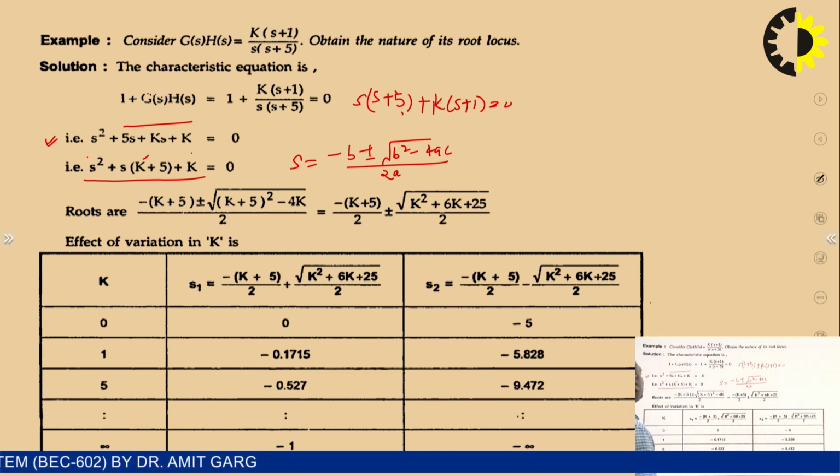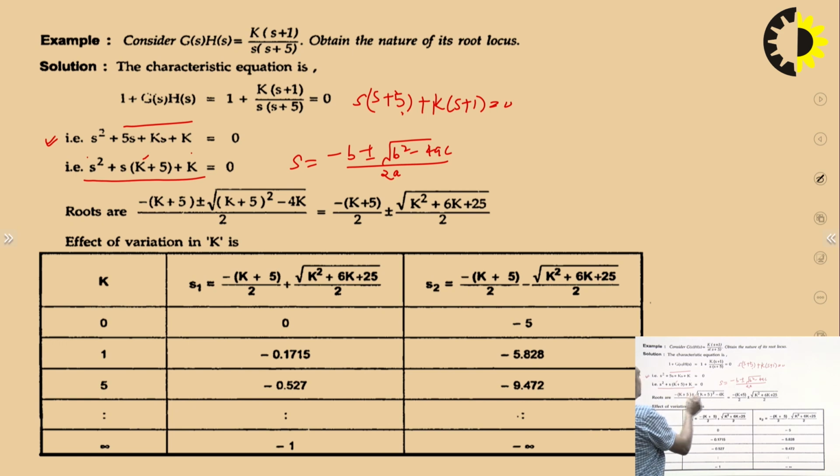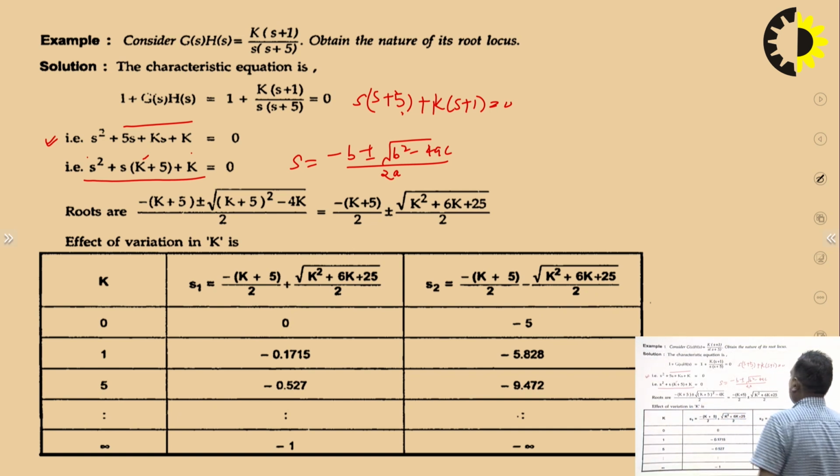So it becomes minus (k plus 5) plus minus under root (k plus 5) whole square minus 4k upon 2. When we have solved it, it is minus (k plus 5) plus minus under root (k square plus 6k plus 25) divided by 2. So you can see there are two roots. One is with a plus sign, and another is with a negative sign.